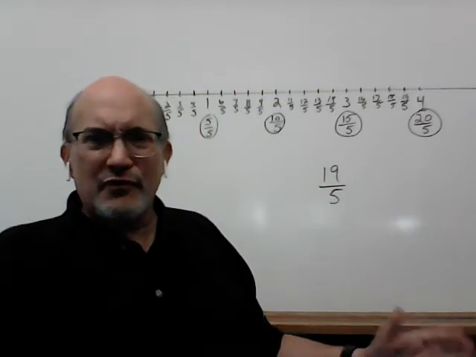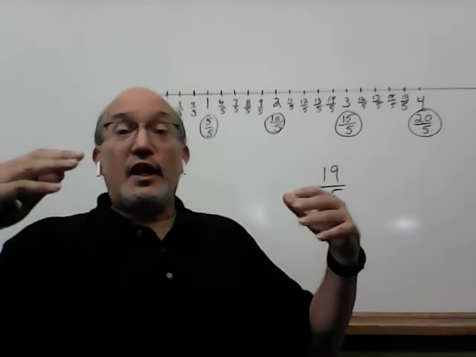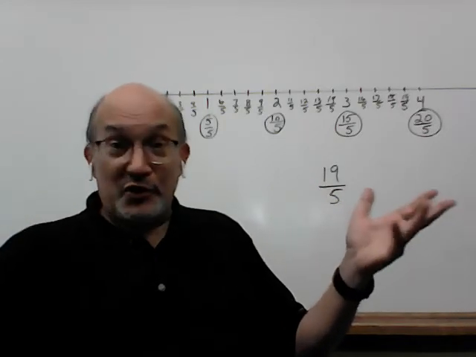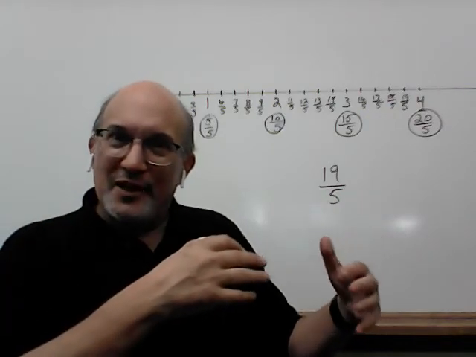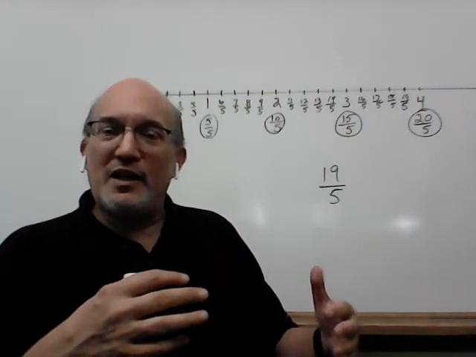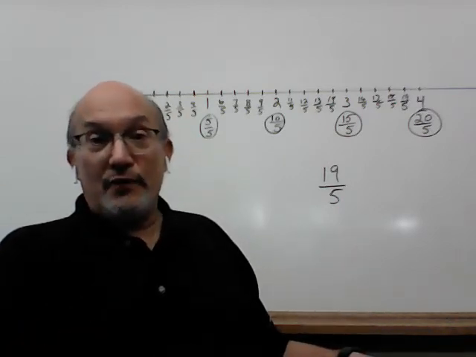Are they 3.5? No. Both of those are very wrong, but to a very young person, when you're between 3 and 4, all there is is 3.5. So in a way, what we're doing is expanding that understanding of the kinds of numbers that can be between 3 and 4.